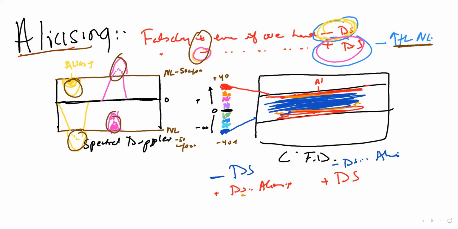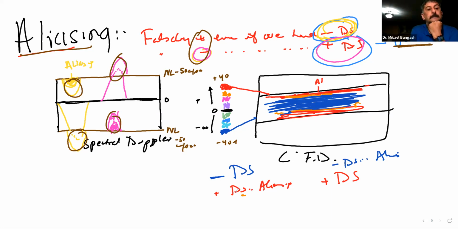You said how to make sure the orange is aliasing. So sure that this picture is a negative Doppler shift.